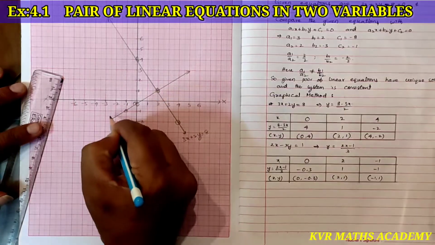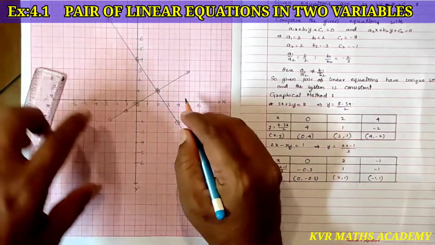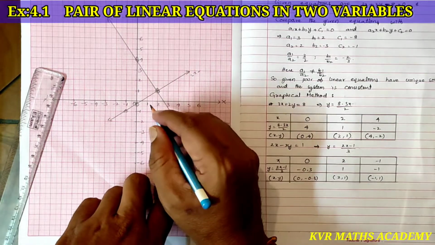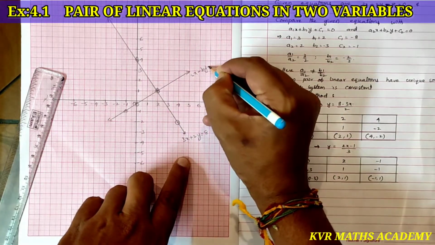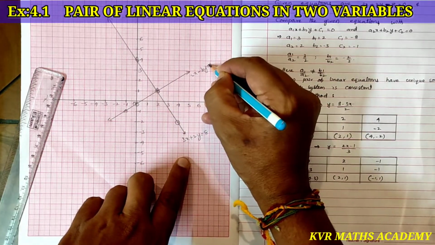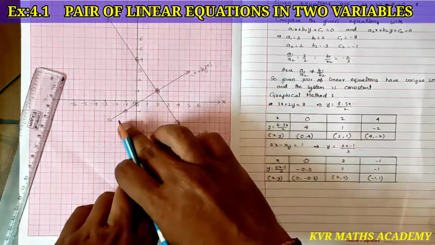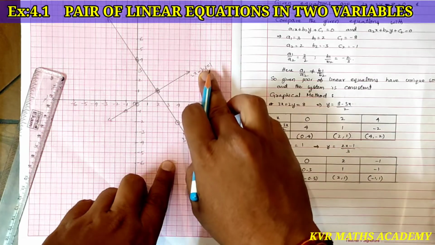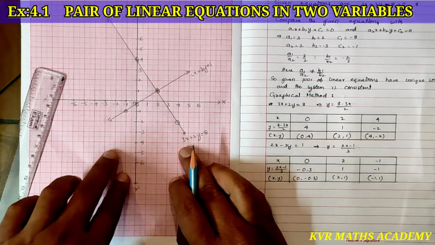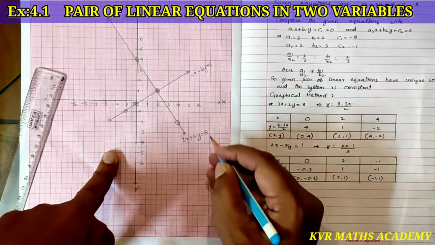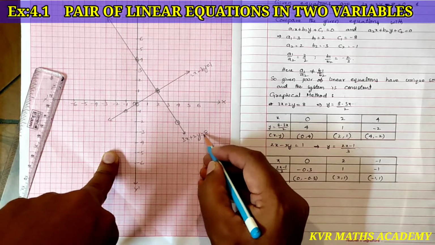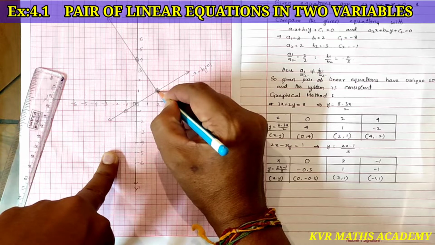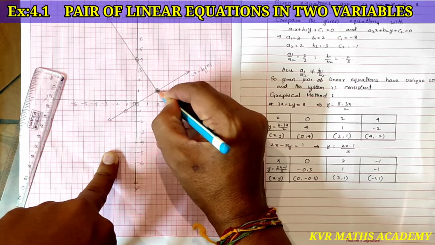See, this is the straight line. The equation of the straight line is 2x minus 3y is equal to 1. So this is the straight line for the equation 2x minus 3y is equal to 1. Look here, these two lines, 3x plus 2y is equal to 8 and 2x minus 3y is equal to 1, intersect at the point 2, 1, isn't it?